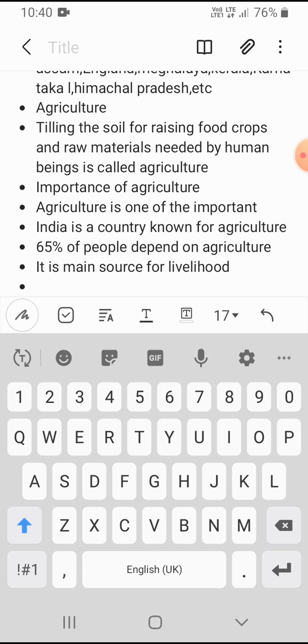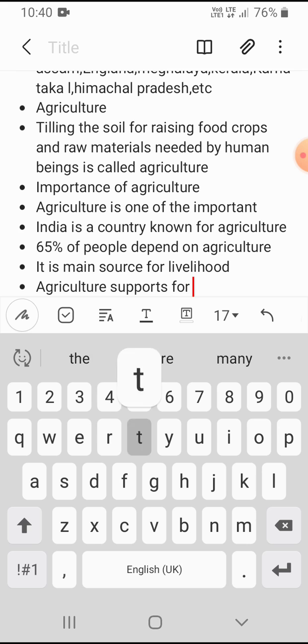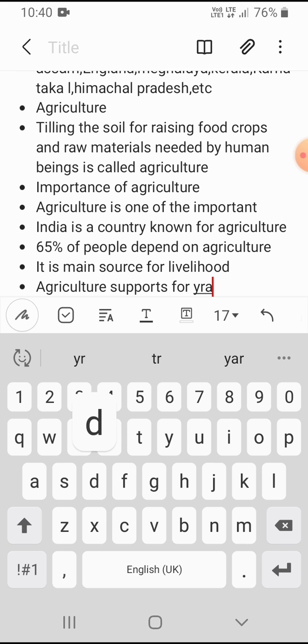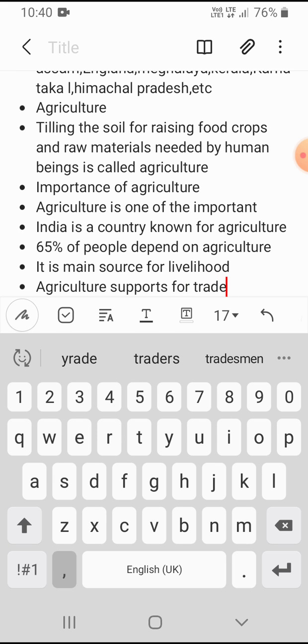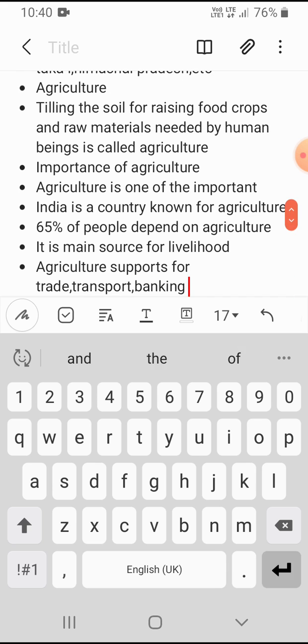And also agriculture supports trade. If agriculture is there, they will make the products and they will do trade, transport, banking, and other things.